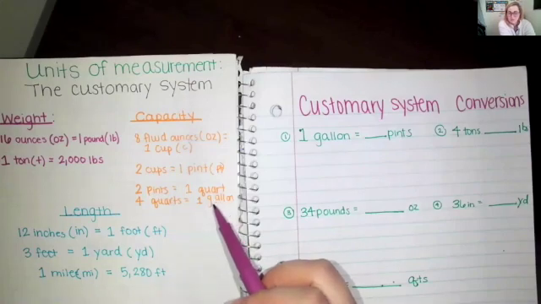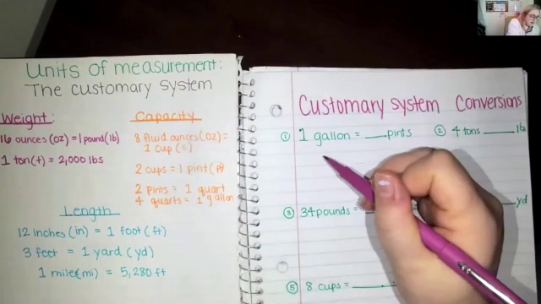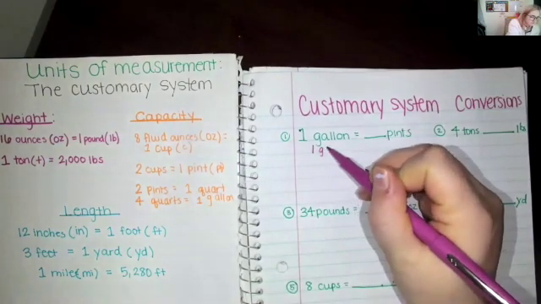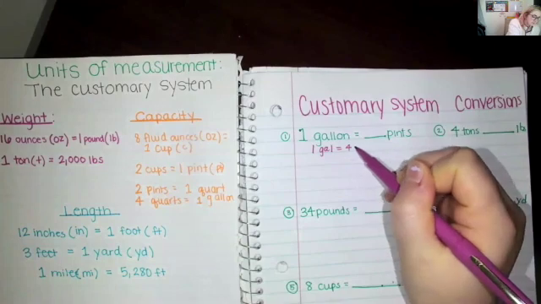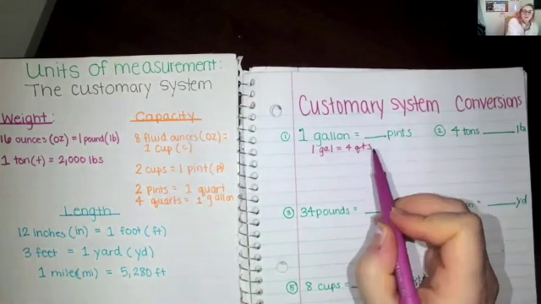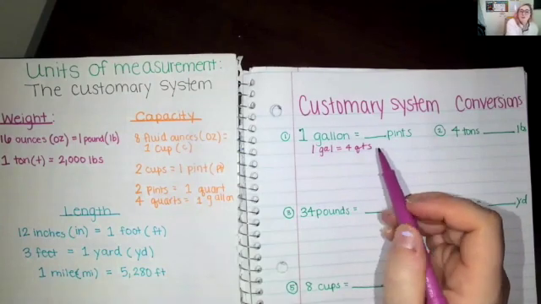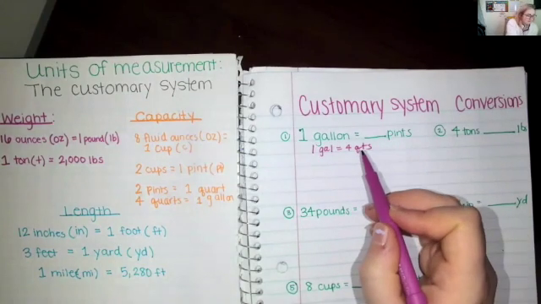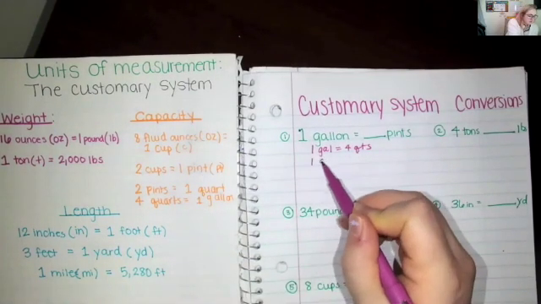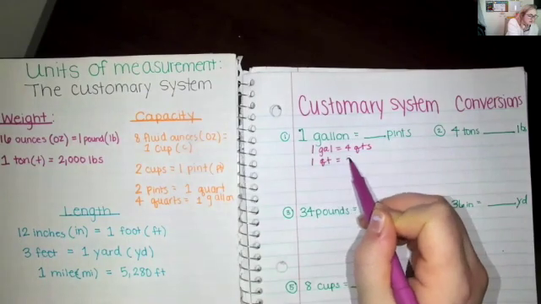So I know that 1 gallon is 4 quarts, right? If I want to figure out how many pints are in 1 quart, I look over here. For 1 quart, there are 2 pints.